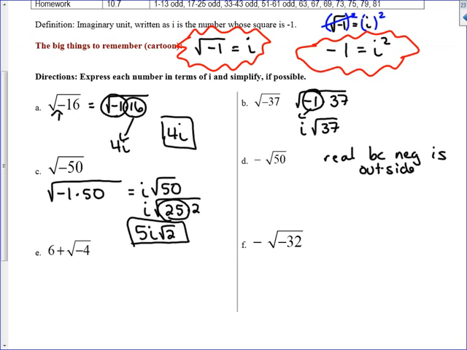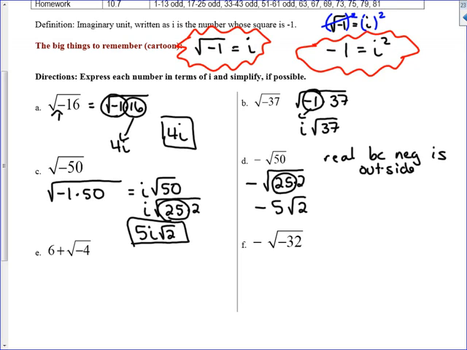The only time you get I is if you have a square root and the negative sign is underneath, part of the radicand. Everything else for us is still real, except for maybe a 4th root with a negative. So the negative sign out front just means it's negative, and then you break it up the same way we broke up 50 for C. So the answer is just negative 5 square root of 2.